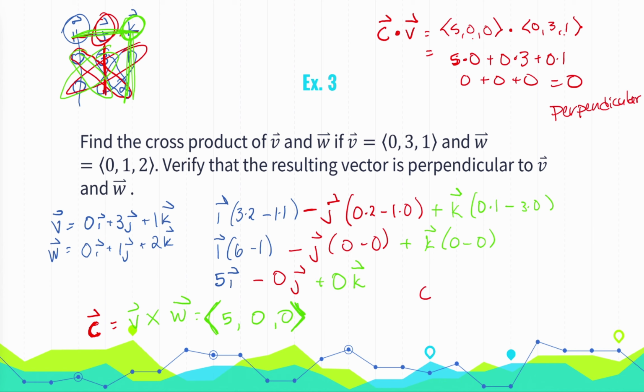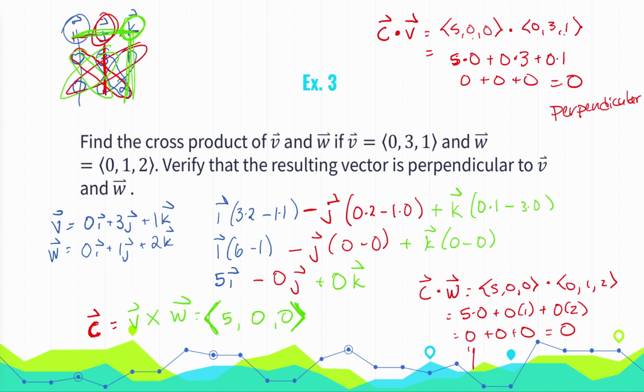And then we want to do C dot W. C was 5, 0, 0, and W was 0, 1, 2. And so we do 5 times 0 plus 0 times 1 plus 0 times 2, which is 0 plus 0 plus 0 again, which is also 0, which means that this is also perpendicular.